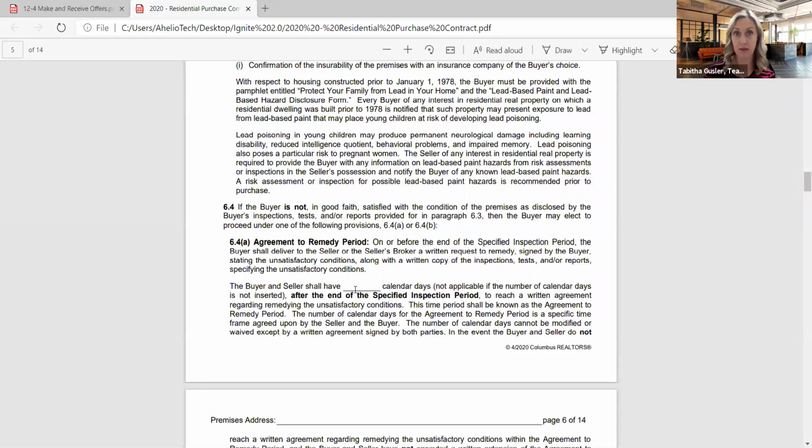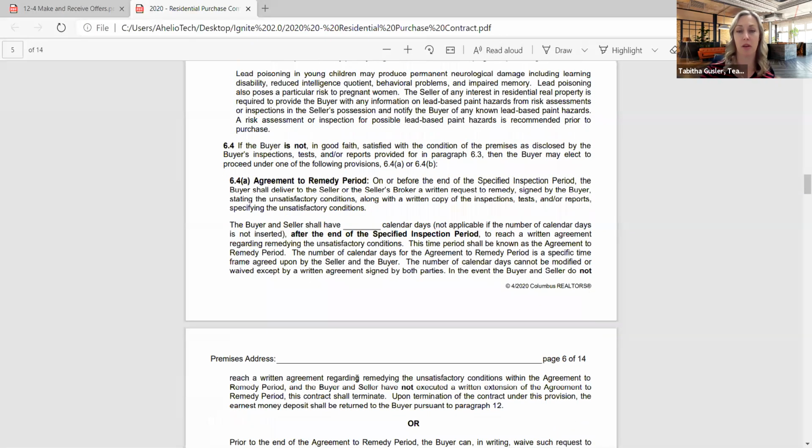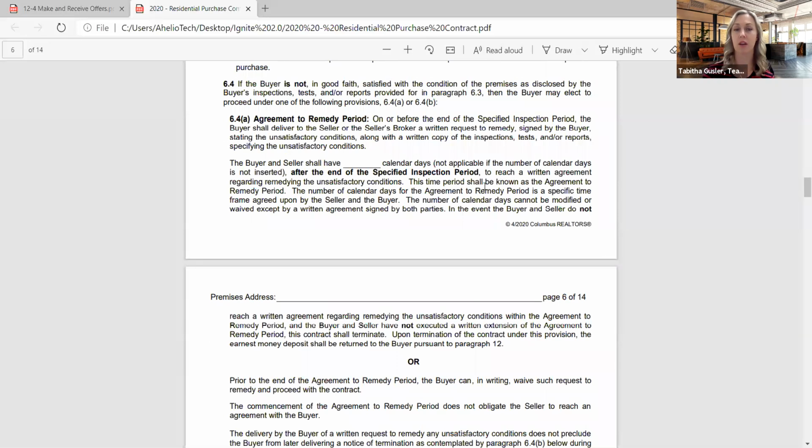Everybody has 5 days to figure out what they're going to agree to, right? Sometimes that's one response. Sometimes it goes back and forth multiple times. Sometimes sellers need to have their own inspections, which can happen. But that second line item, Melody, is for the remedy negotiation period.